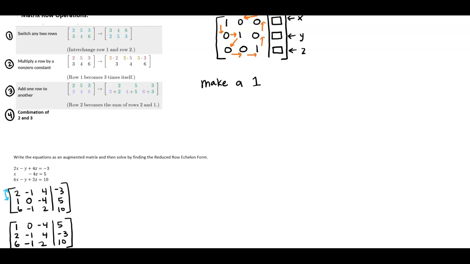Well, to make a 1, we can multiply that row by the reciprocal. Because if I have 2 numbers that are reciprocals of each other, like 1/3 and 3/1, anytime I multiply a number by its reciprocal, I would get 3/3, which reduces to 1. So that's how I'm making a 1, by multiplying by a reciprocal.